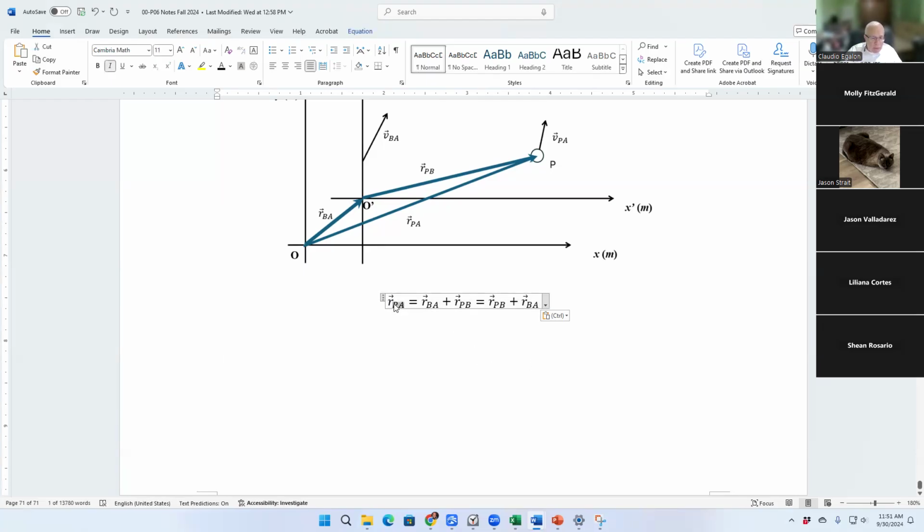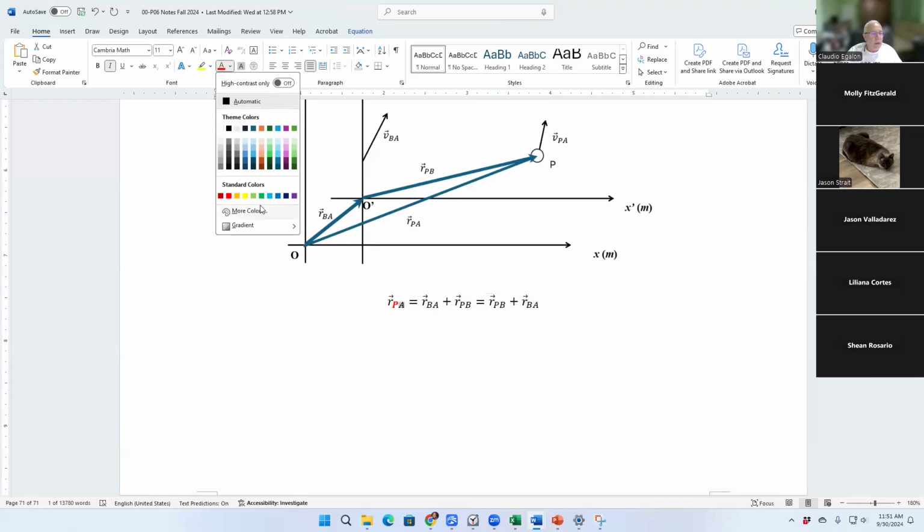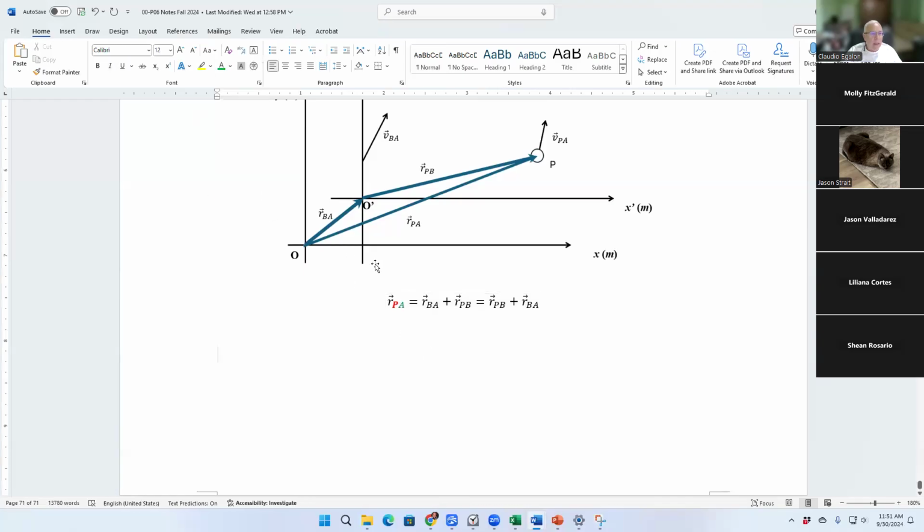I'm going to put it with a color red, and I'm even going to boldface it. And I'm going to color this one with a color green. And again, I'm also going to boldface it so it's easier to see.